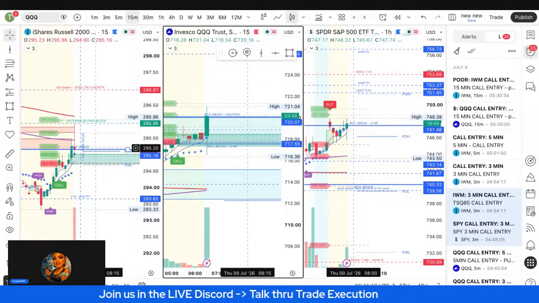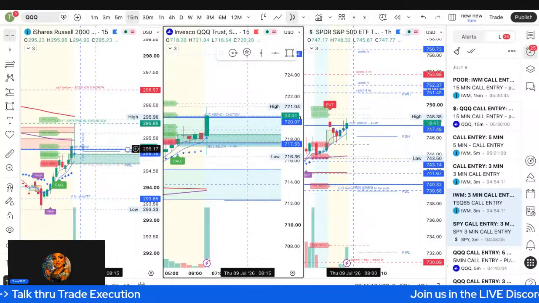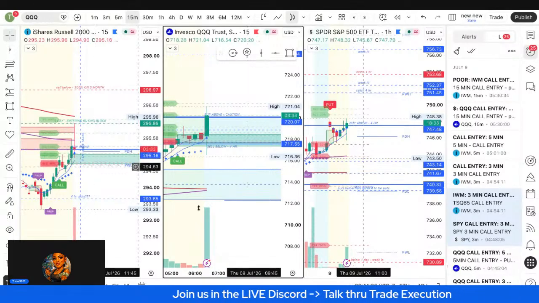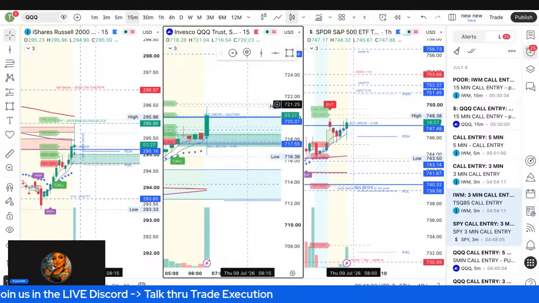And then we're breaking up, and we're invalidating that bearish zone again. We're going to cut here at 300% on QQQ.